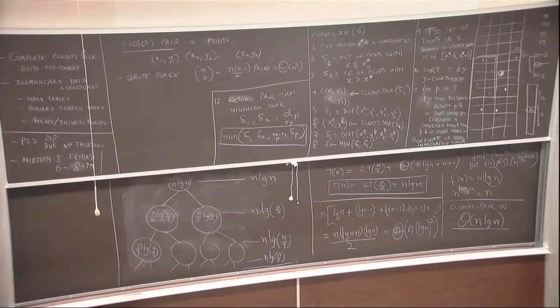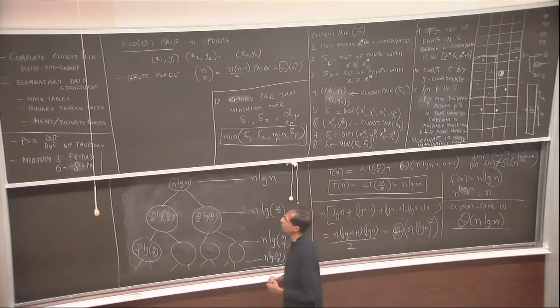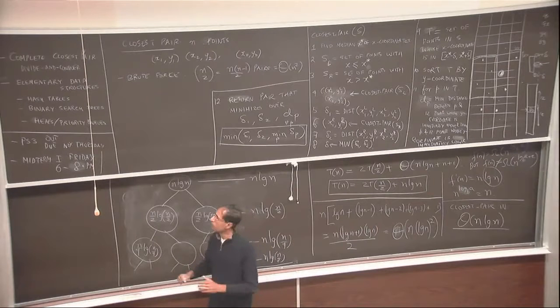But before we study other paradigms, it is important to just review some elementary data structures that you use implicitly again and again. And so we are going to talk about hash tables, binary search trees, heaps, and priority queues.